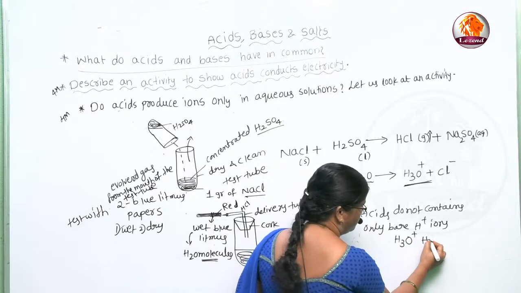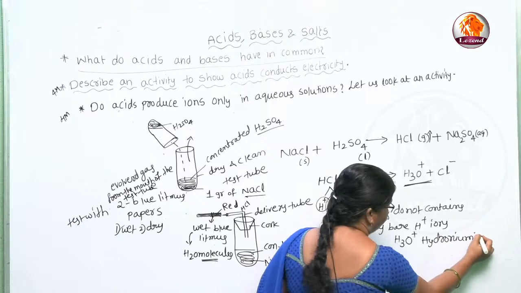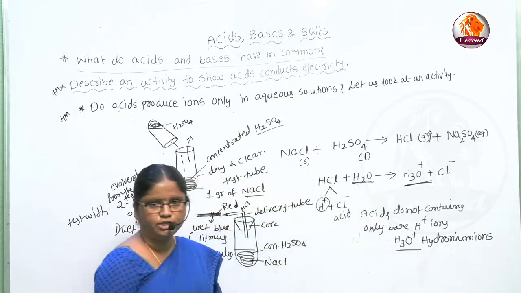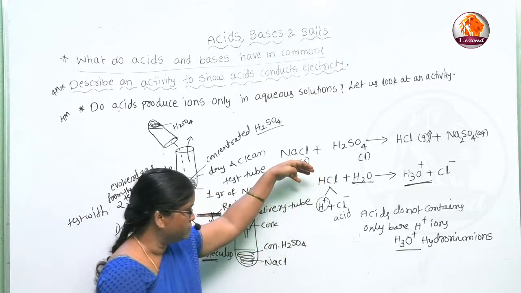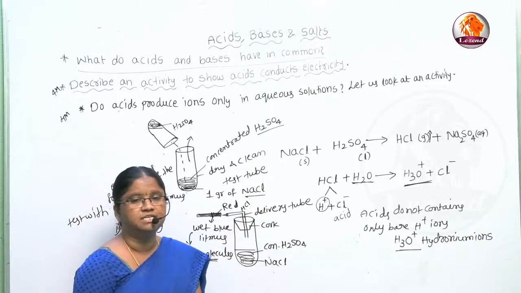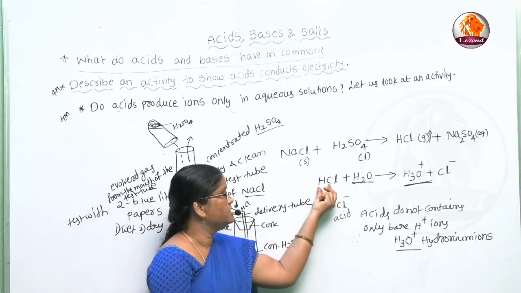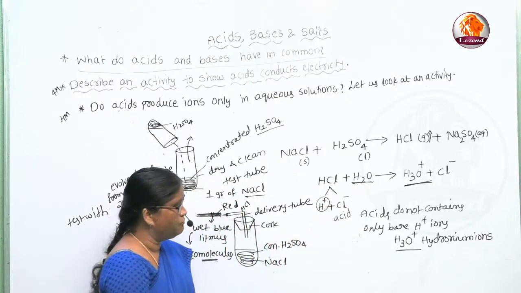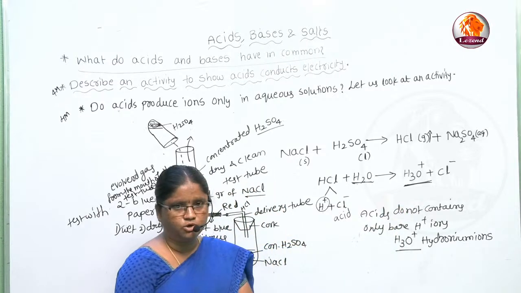H3O plus ions, also called hydronium ions. Now what can we say, acids have what kind of ions in them? Hydronium ions. When the gas behaves as an acid in the presence of moisture, in the presence of water molecules, it dissociates into hydrogen ions, which combine with water molecules and form hydronium ions. Means all acids, they have what kind of ions?